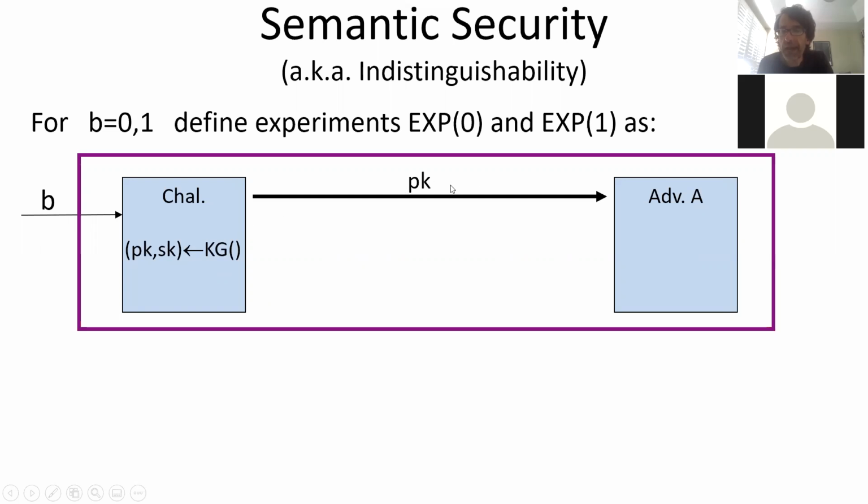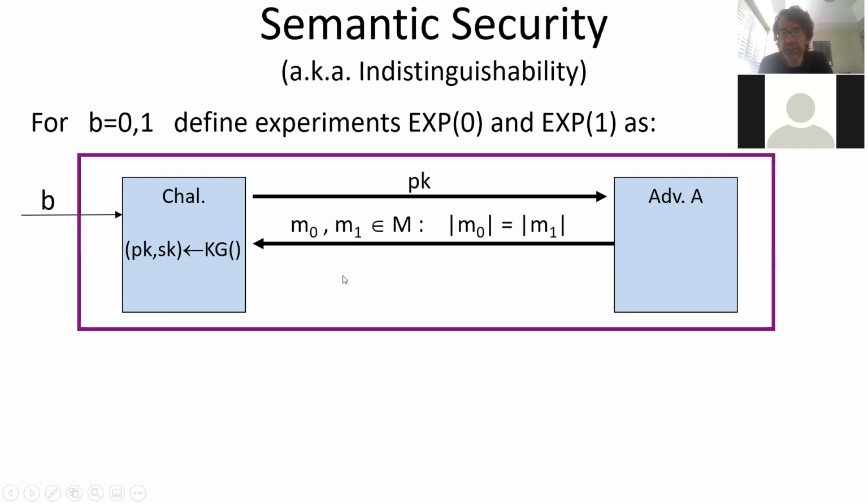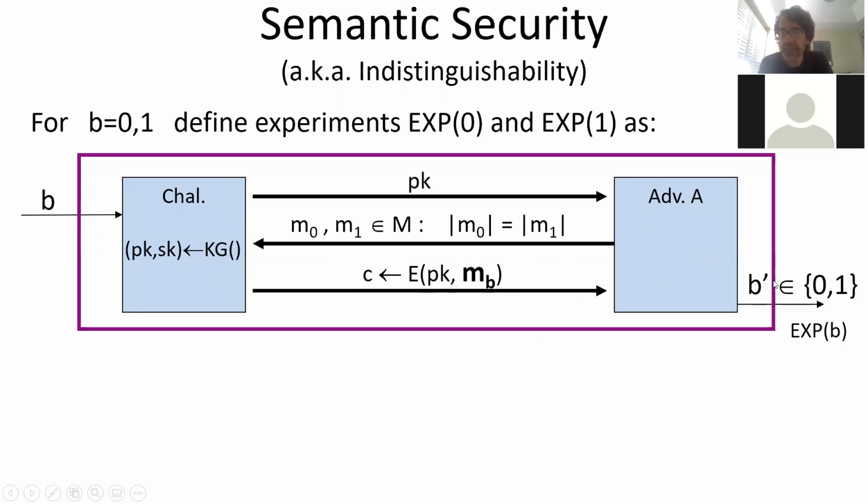And you announce the public key straight to the attacker. You announce it to the whole world, and therefore the attacker gets it in particular. The rest is the same. The attacker chooses two messages in the message space, gets an encryption of either this or that based on this bit, and has to predict this bit.